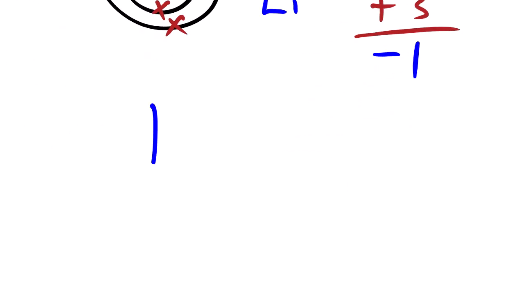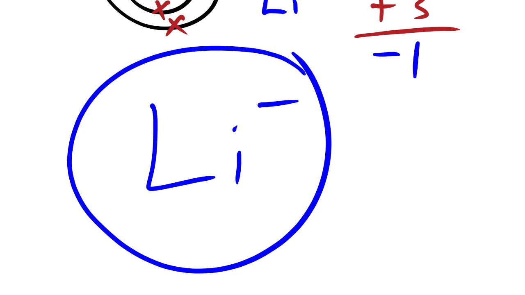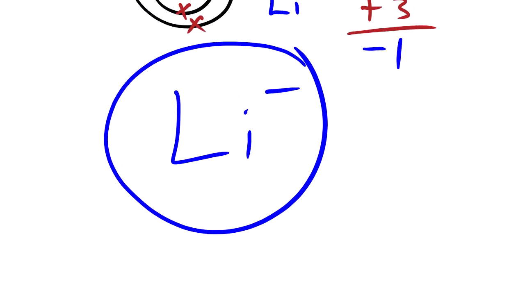So if I write something like this, Li minus, I mean I have an additional electron from the neutral form of this element, and adding an electron to this form or removing an electron from the neutral form will cause the atom to become an ion. So when I say lithium atom, I mean neutral lithium.